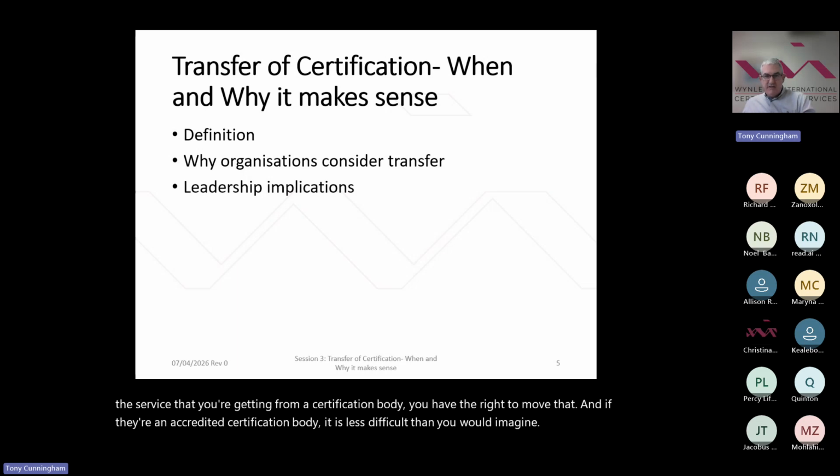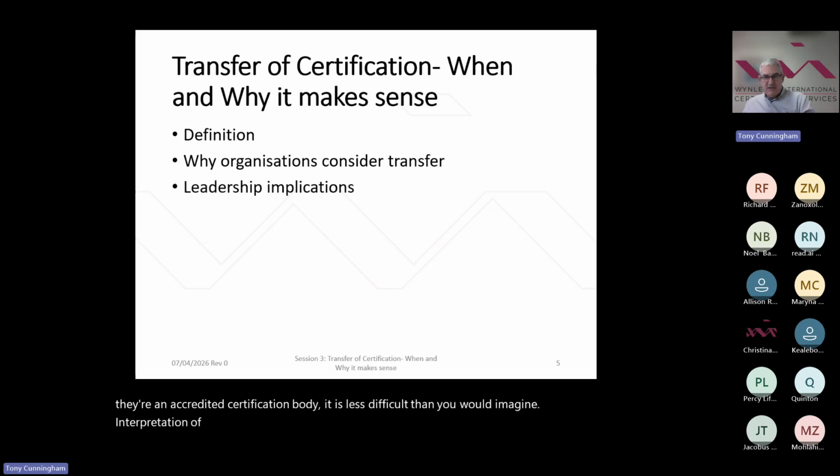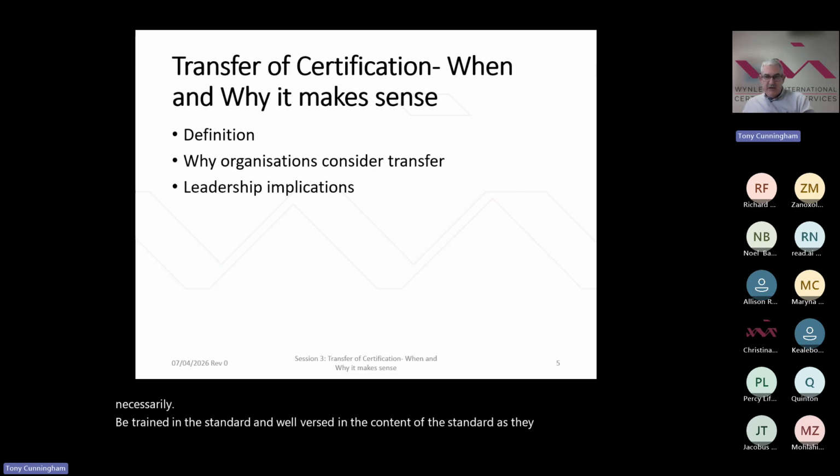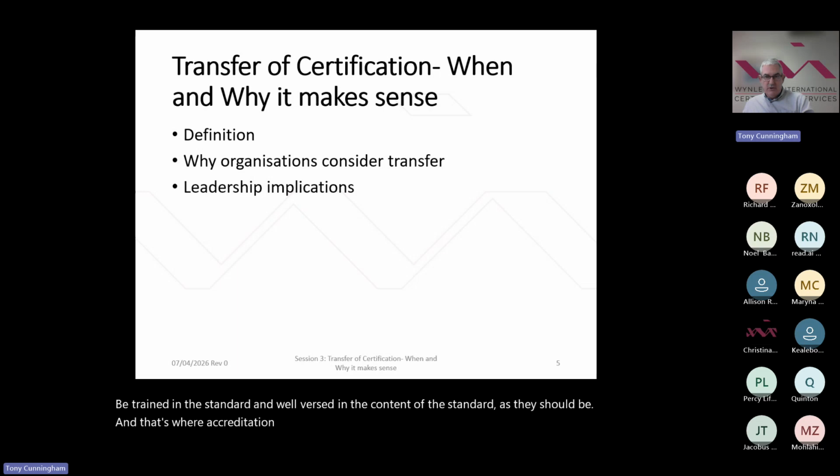Interpretation of standards sometimes becomes subjective when the auditors are not necessarily trained in the standard and well versed in the content of the standard as they should be. And that's where accreditation should be playing a role in giving you the assurance that they are indeed credible and can deliver the kind of service that you're looking for.